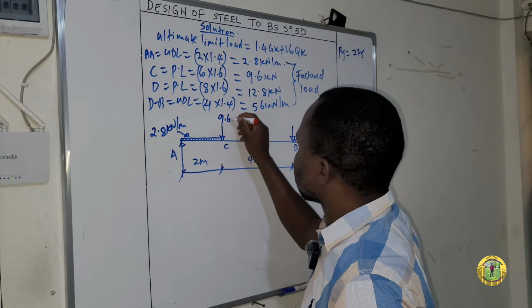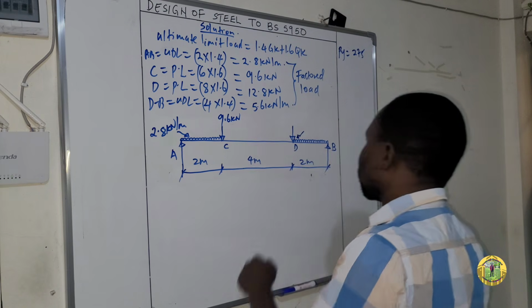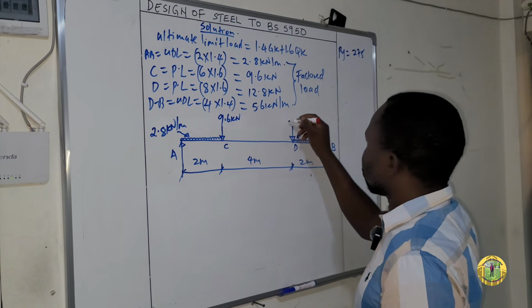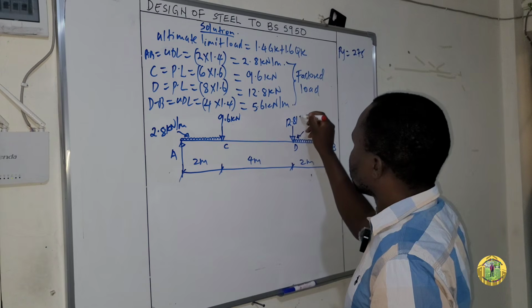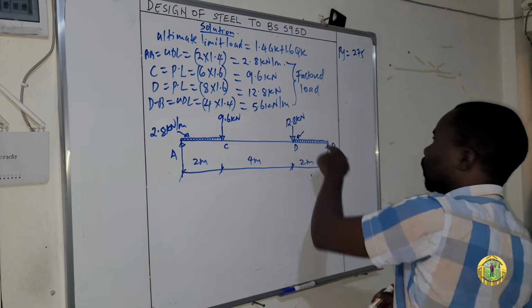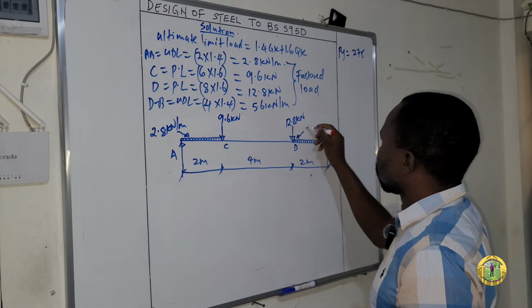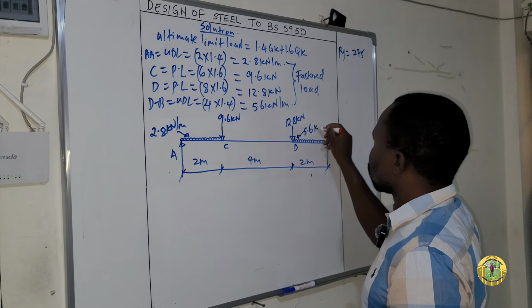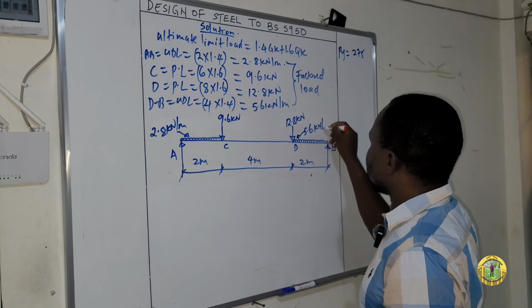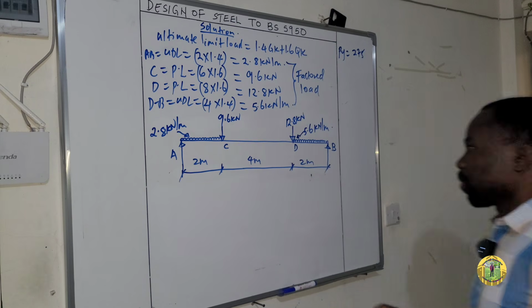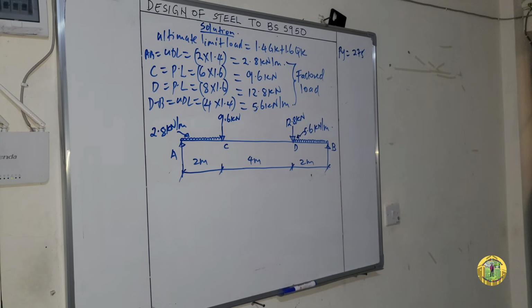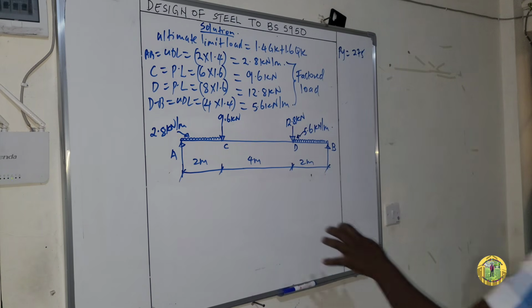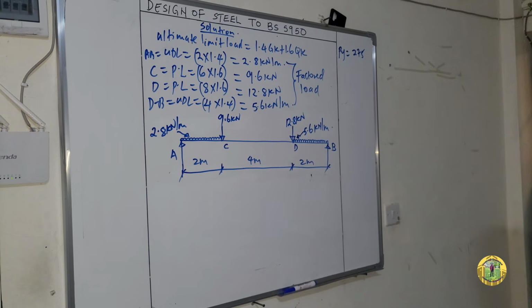Here we have 12.8 kilonewton, and here we have 5.6 kilonewton per meter, like that.